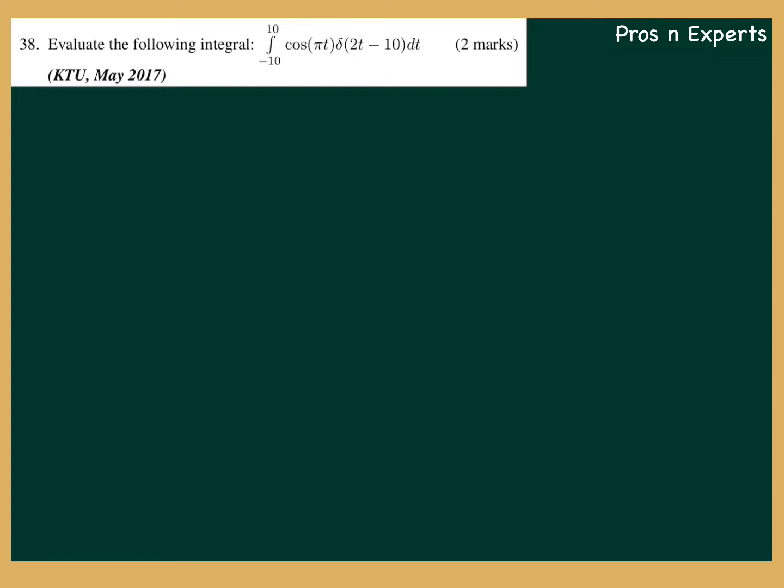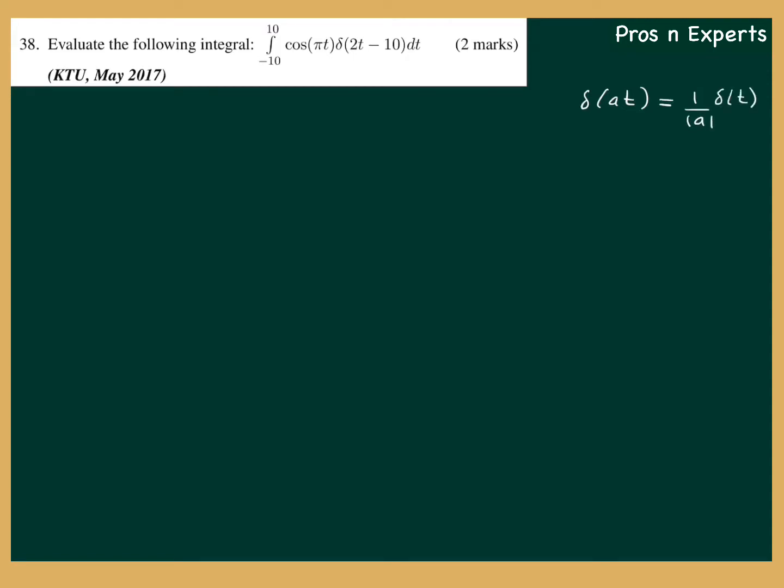I think we can use two properties. First property: if you find del of at, you will end up with 1 by mod a into del of t.